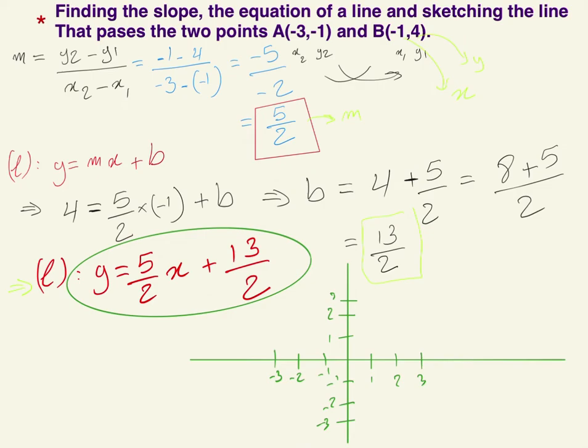So we have the point negative 1 and 4. Negative 1 here and 4 is here. Let's change the color. This is the point here.